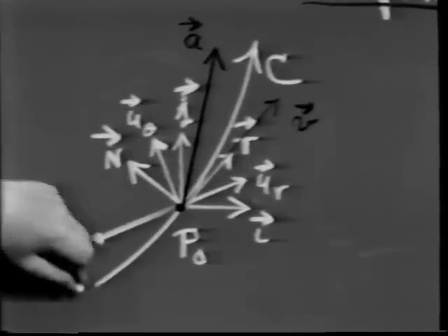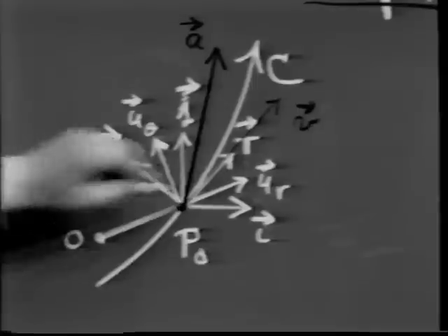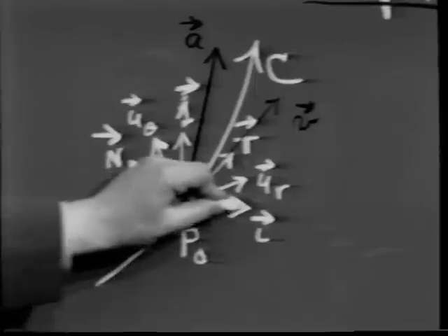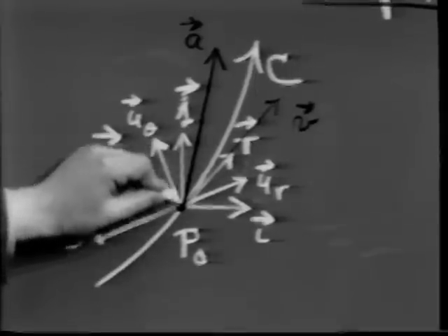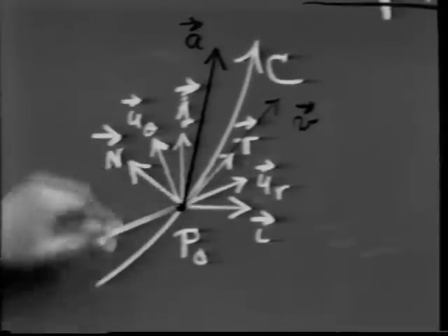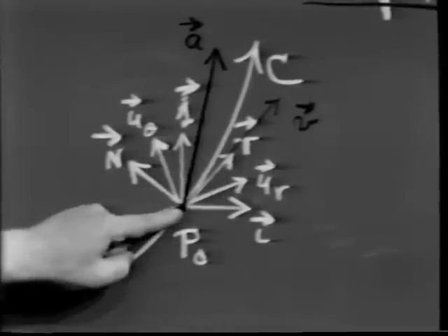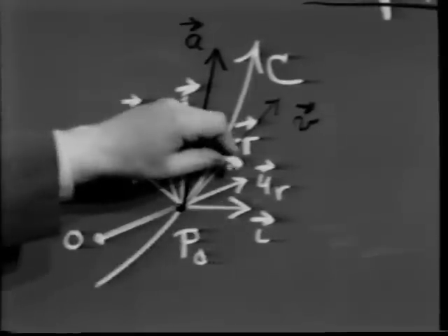What I'm saying is, let's suppose I have a curve C and some point P0 on this curve C. I can draw in the pair of orthogonal vectors i and j in the plane. I can draw in the pair of orthogonal vectors u sub r and u sub theta; orthogonal means perpendicular, if we haven't said that before.